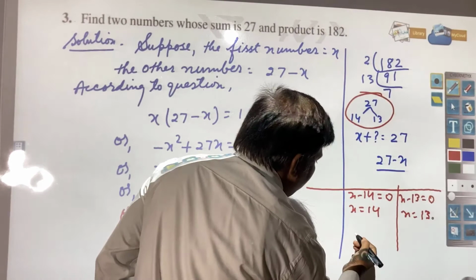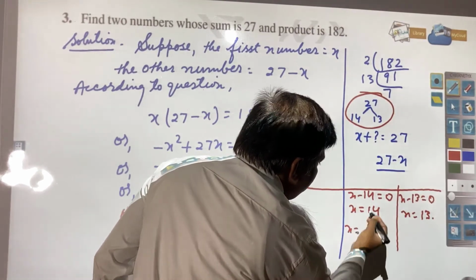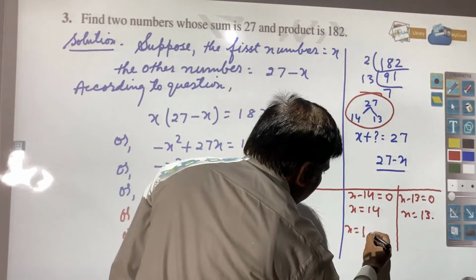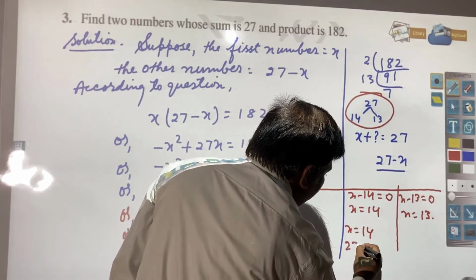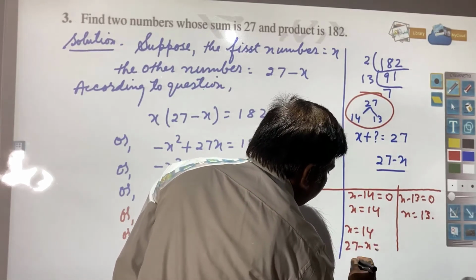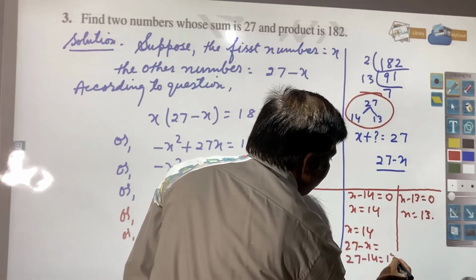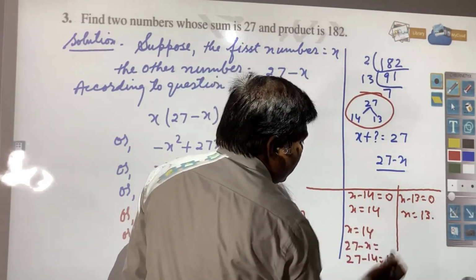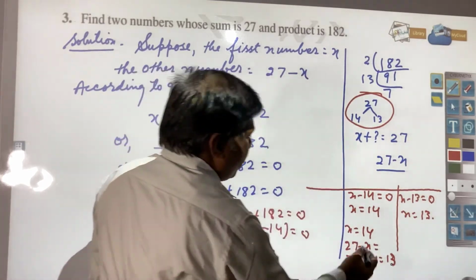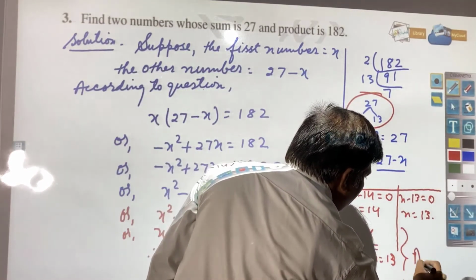First number x you have got. Suppose x is equal to 14, then the other number will be 27 minus 14, it means 13. Or simply both are positive numbers, so we can assume 14 and 13. So both the numbers will be 14 and 13, and this will be your answer.